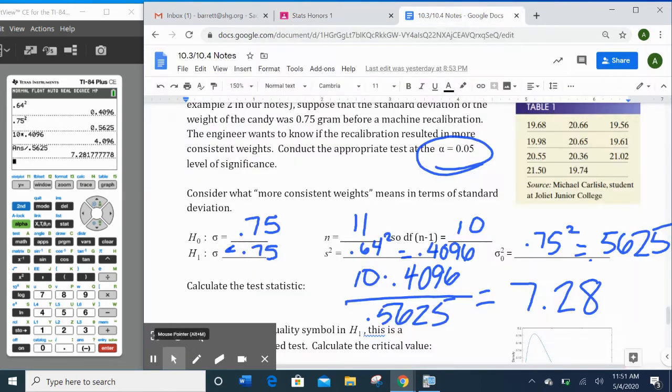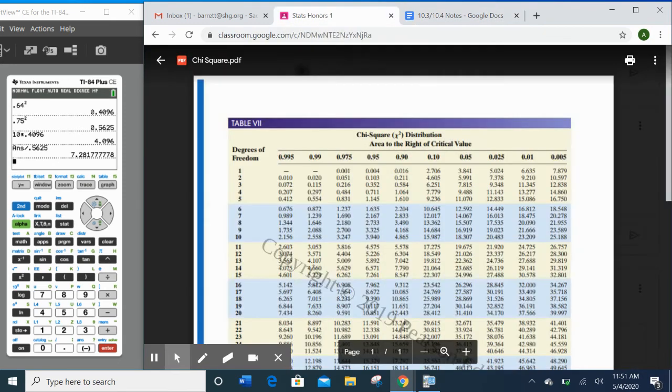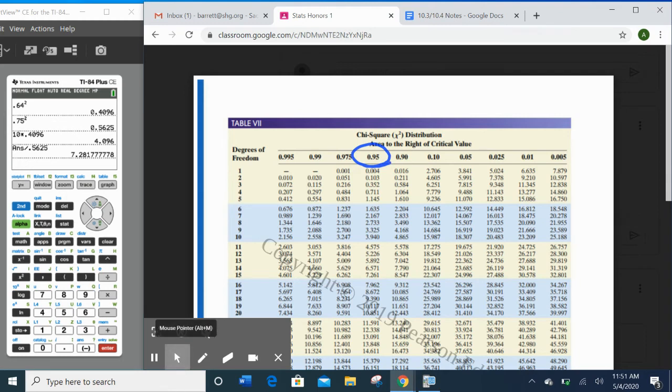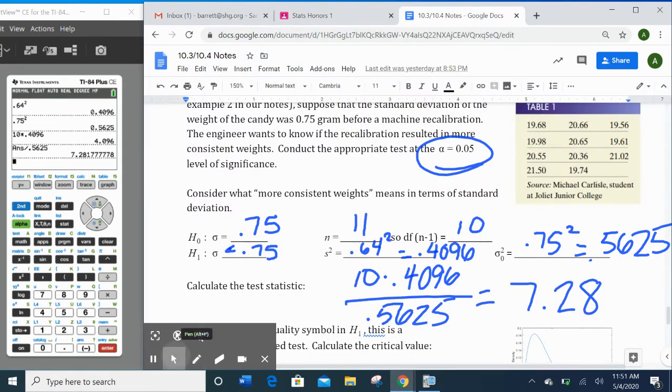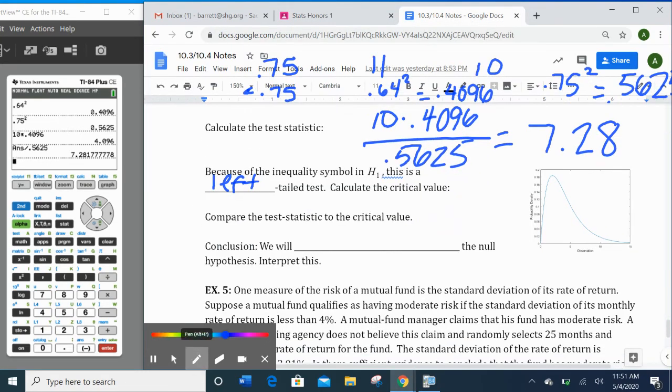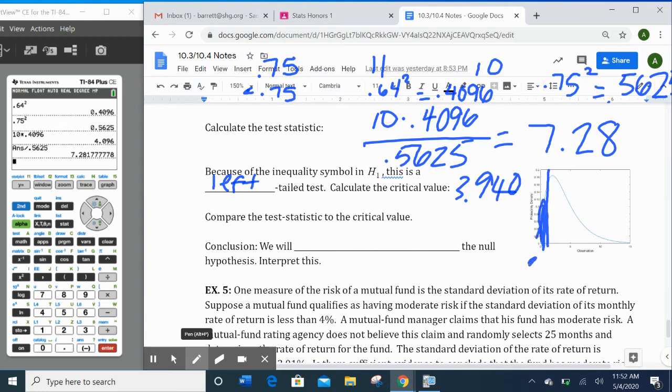So for a left-tailed test with alpha 0.05, I'm actually going to be looking at 0.95. So I'm looking at 10 and 0.95, which is 3.940. What that means is that the cutoff point is 3.940.